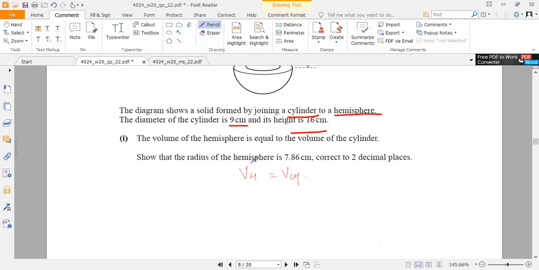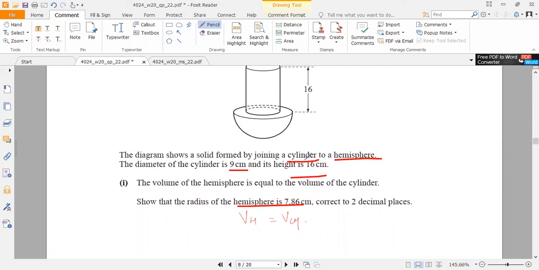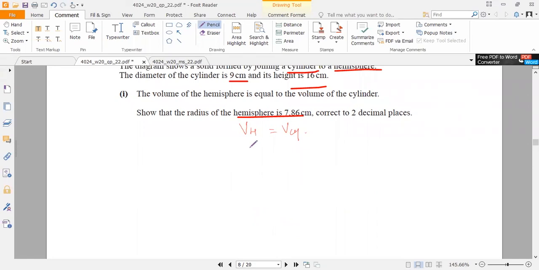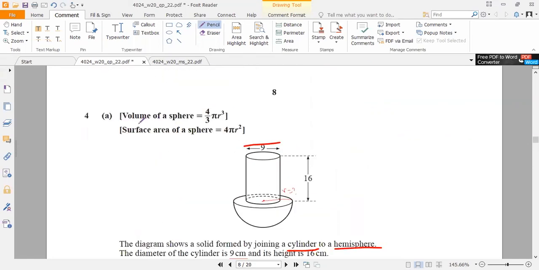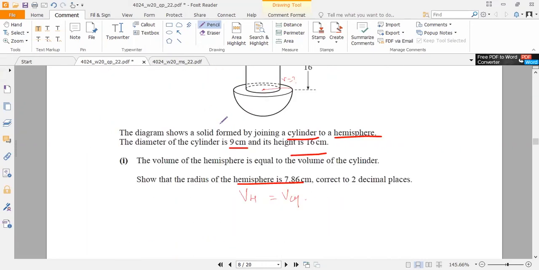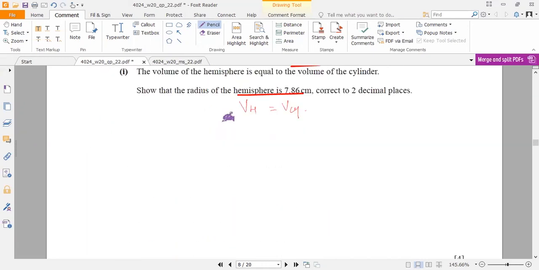Show that the radius of the hemisphere is 7.86. So basically we need to find the radius of the hemisphere. Okay, so what is the formula for the hemisphere? As you can see over here, the volume of a sphere, and we need the volume of a hemisphere. So we divide by 2, it will be 2 upon 3 pi r cube. And what is the formula of a cylinder?